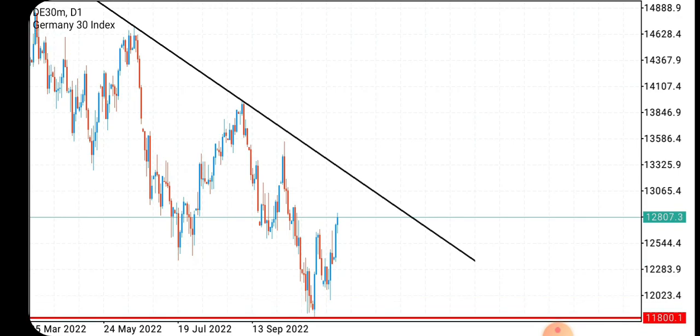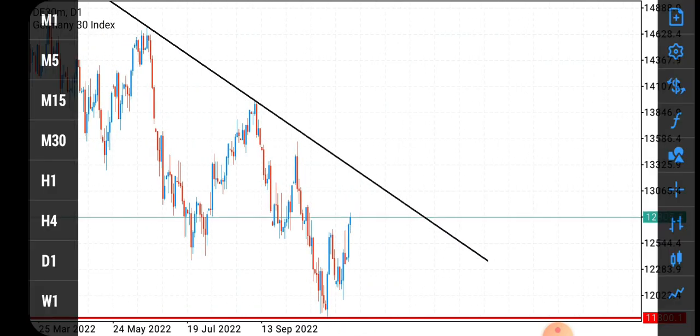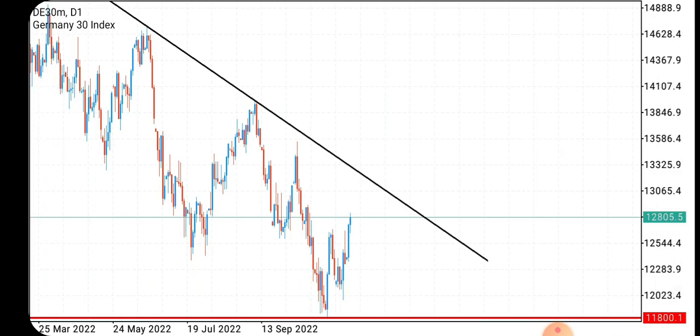Fortunately on this one I do not have a horizontal ray, I only have a horizontal line. There's a difference between a horizontal ray and a horizontal line, so I'm having a horizontal line in this case.